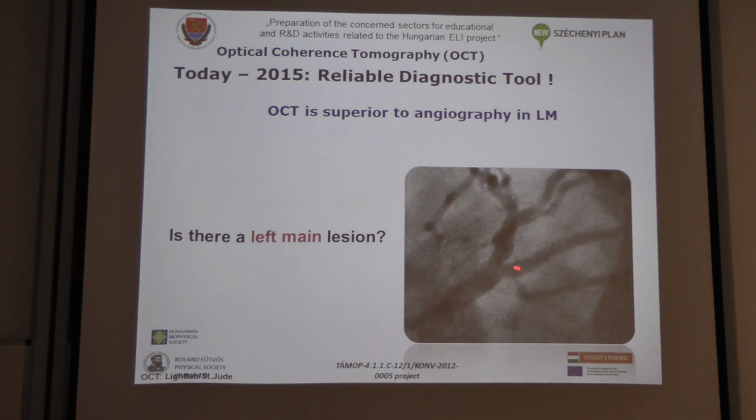Whether there is at least 50% when there is an indication for doing something, a real so-called real exploration for the patient. If there is at least 50% lesion in this very focal segment of the left main, just proximal to the bifurcation, it is really dubious on this angiography.